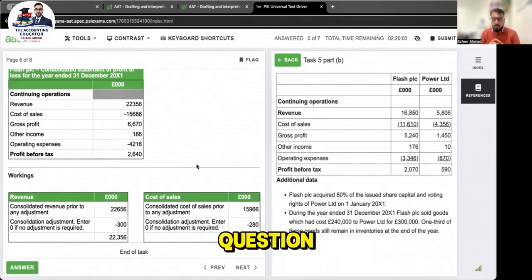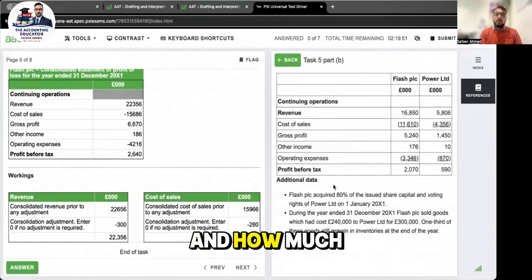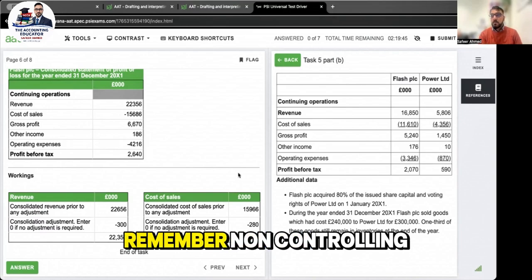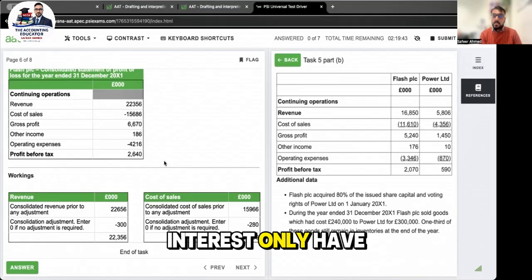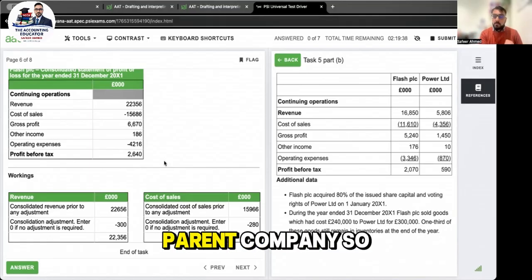Now in this question, they didn't ask you to split it between NCI, that is non-controlling interest, the remaining 20% shareholders, and how much belongs to the group. But if they had asked, remember that non-controlling interest only has an interest in the subsidiary, not the parent company.